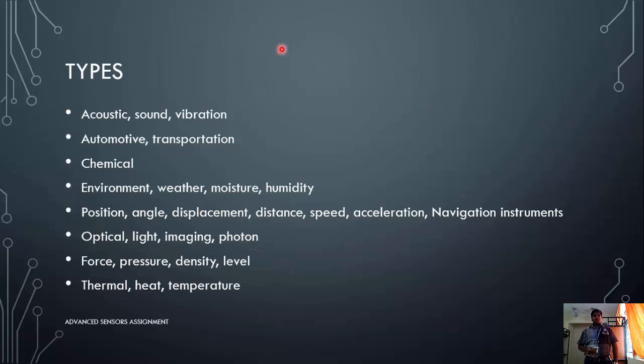Out of these, the blind spot monitor sensor comes under the automotive sensor, which is used in the automotive field.